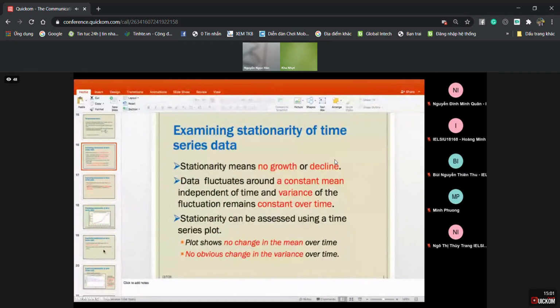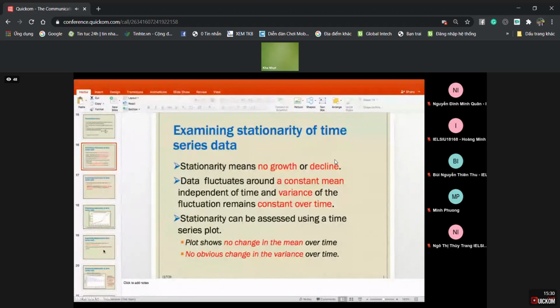The time series data should have constant mean and constant variance.